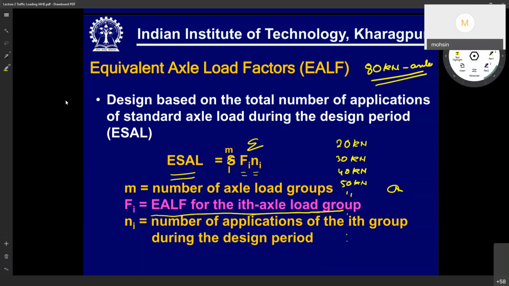No. So IRC SP, you are talking about SP72. Yes, sir. So in SP72, although they have given only the chart, in the background they have done this work. But sir, in the field we only calculate the CBR value and the traffic category, while the rutting depth and the modulus of elasticity we never calculate.